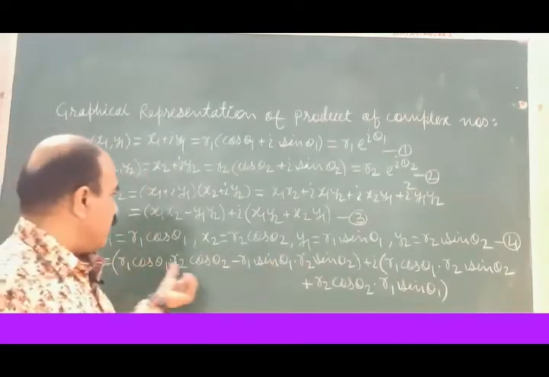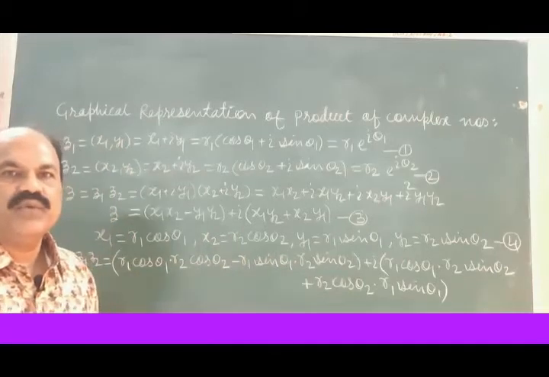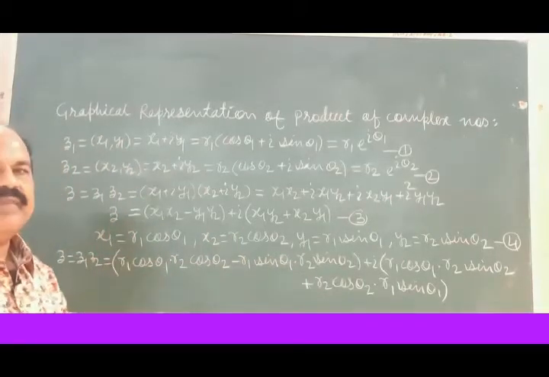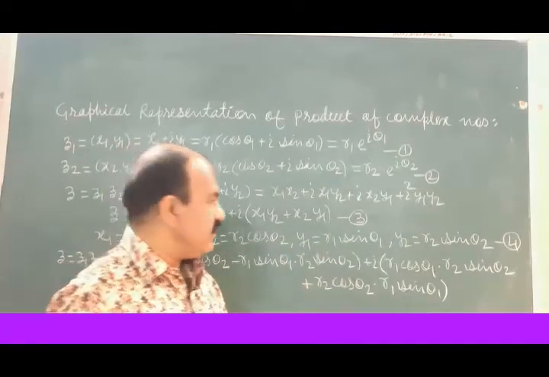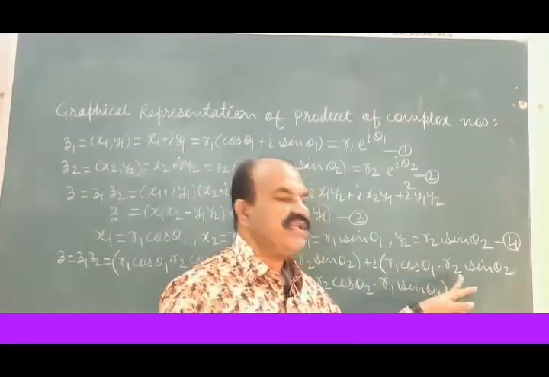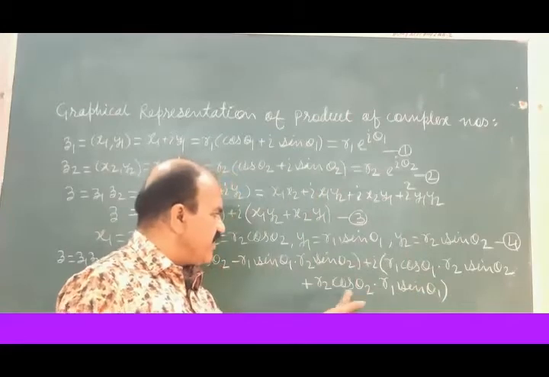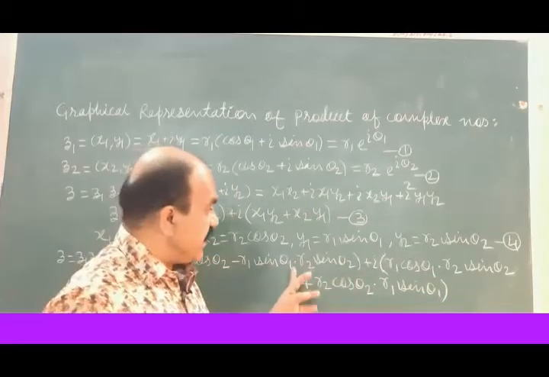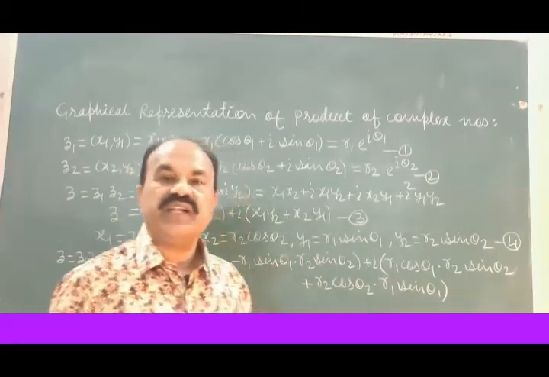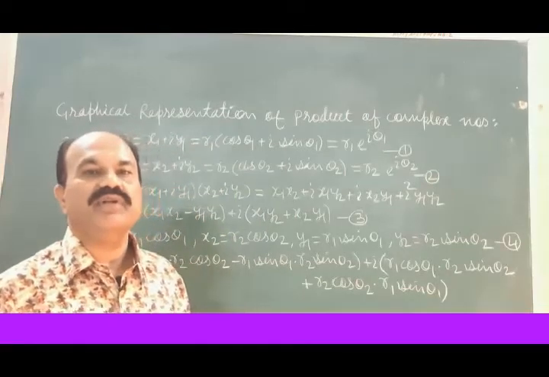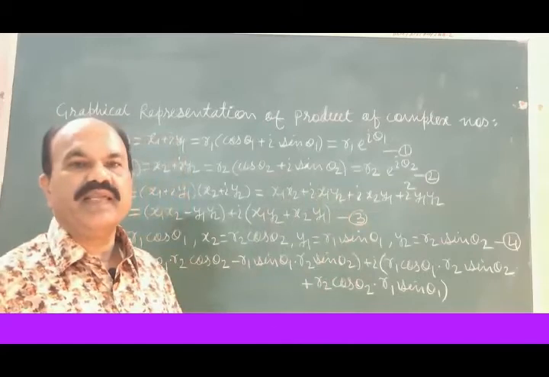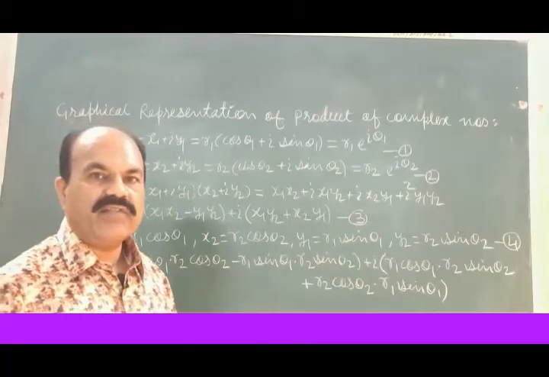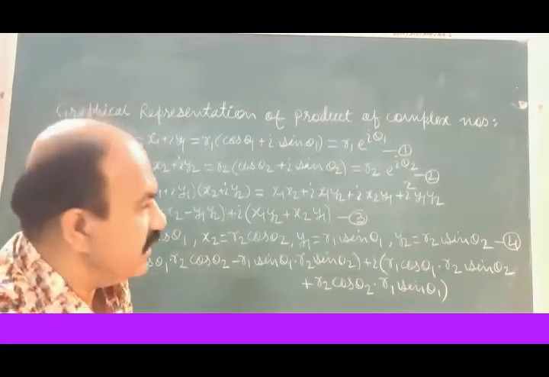It means that from the first bracket r1 r2 can be taken common. Come to the second one: r1 is there, r2 is there. It means that from the second bracket also we can take r1 and r2 common. So from this whole equation, let us take out r1 and r2 common.